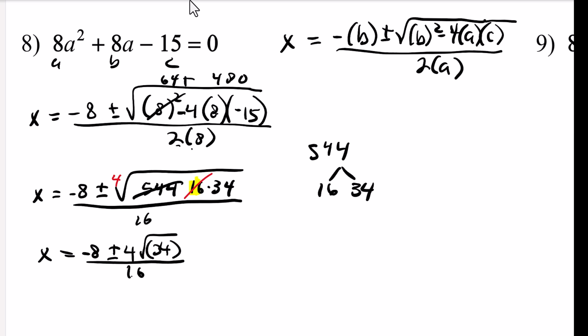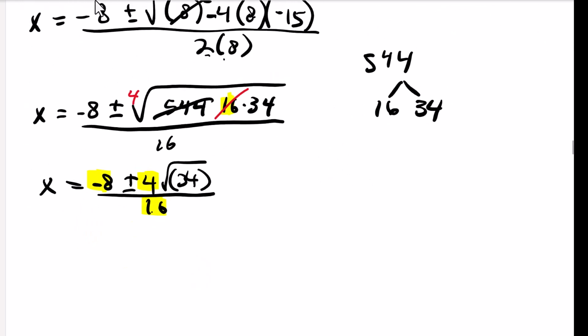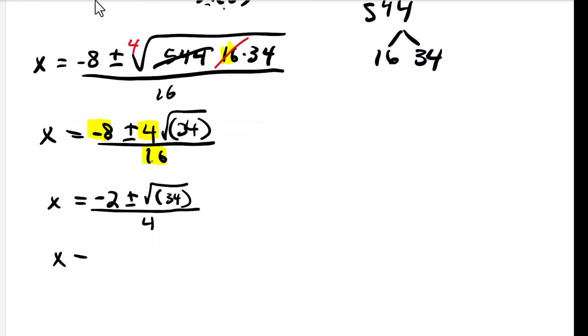And look at negative 8, 4, and 16 all have a 4 in common. So when you divide out of 4, negative 8 divide 4 is negative 2. 4 divide 4 is 1, so we don't have to write it. And 16 divide 4 is 4. So x is equal to negative 2 subtract root 34 all over 4, and negative 2 plus root 34 all over 4.